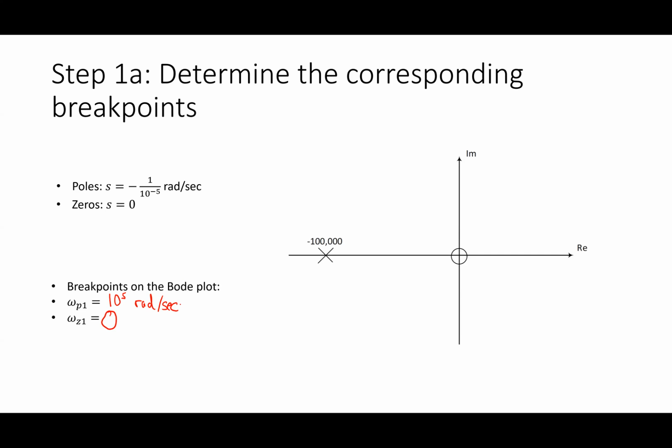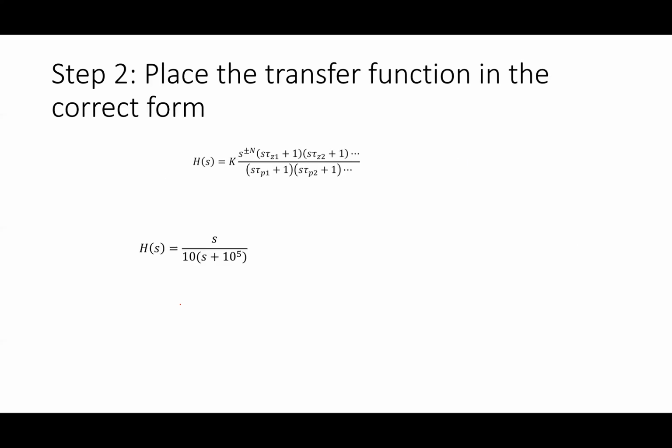And again, it's just a definition that we make, and it relates to the fact that the values of S are negative, but once we plug in S equal to J omega, we take the magnitude of that. Things happen for the positive frequencies that those things correspond to. So can I think of my breakpoints as the absolute value of my poles? You can think of it that way, yeah.